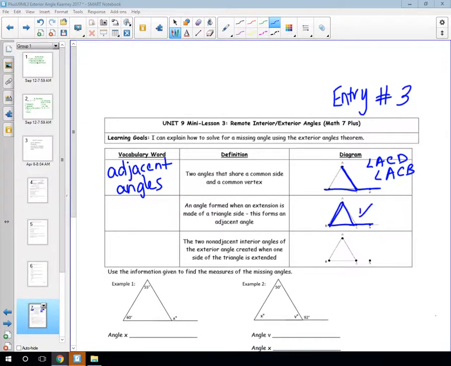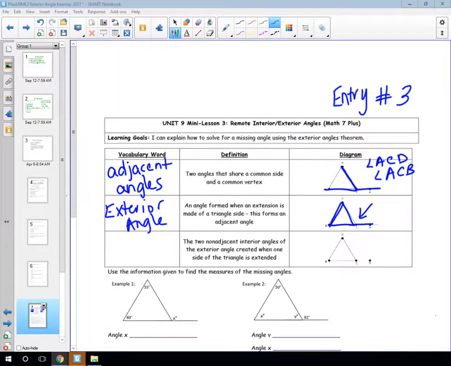So we've created something called an exterior angle. When we talk about the exterior of something, we just usually mean the outside. And that's exactly what has happened. We've created an outside angle outside of the triangle, and that's created some adjacent angles.